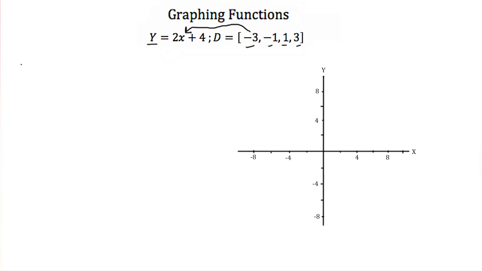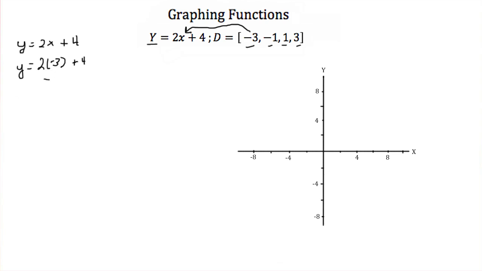So let's do that. We'll start with the first one, -3. Our equation is y is equal to 2x plus 4, and we're going to plug in -3 for x. So y is equal to 2 times -3 plus 4.